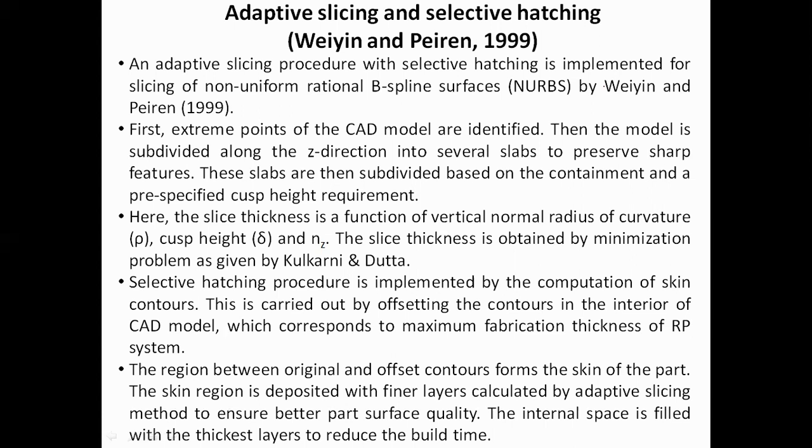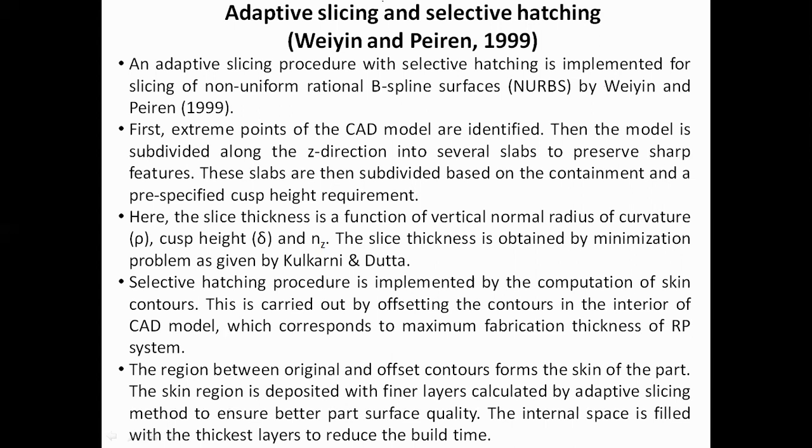Once you got all those sections together, you check for the pre-specified cusp height. All those slabs which satisfy the pre-specified cusp height are taken as one region and all the others are taken as the other region. The other region will be cut again further, and once you have all the slices ready, you go for the hatching.